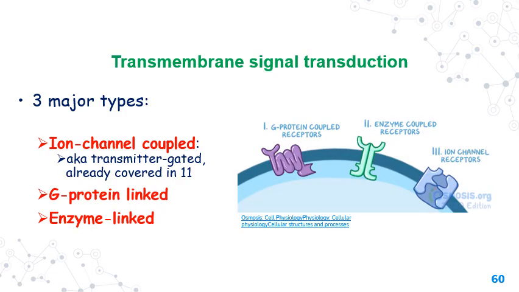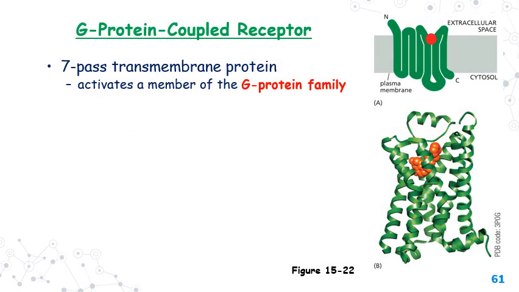I want to get to the part that is important for you to know, which is here. G protein coupled receptor. It is a transmembrane protein that is going to span the membrane 7 times. 1, 2, 3, 4, 5, 6, 7. Okay? The extracellular part of this transmembrane protein has the receptor.